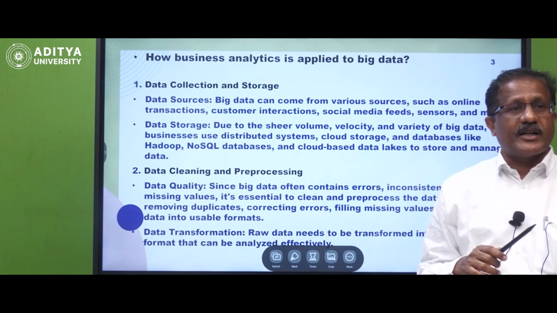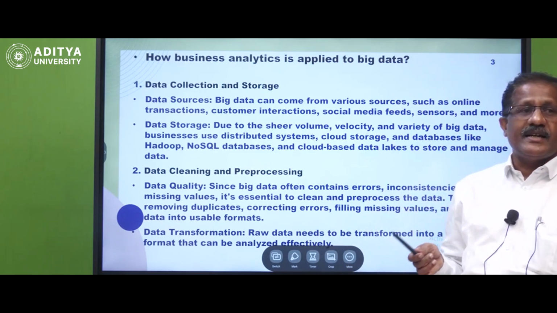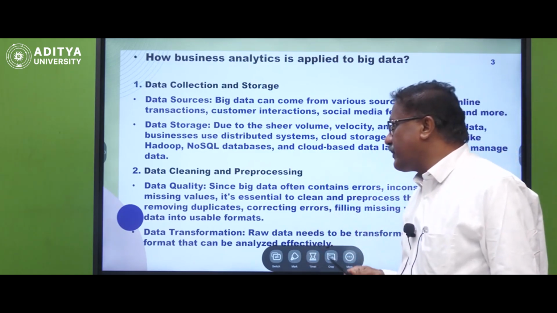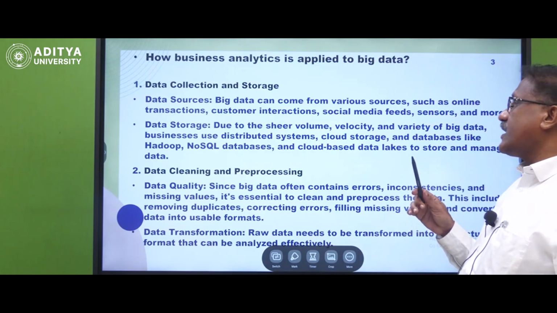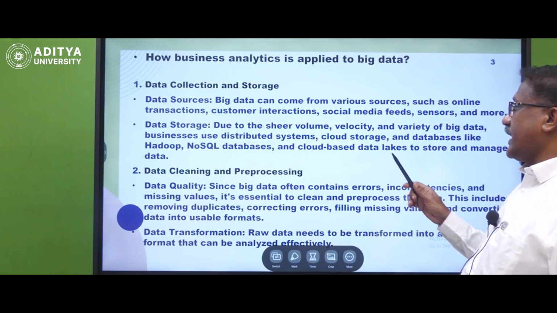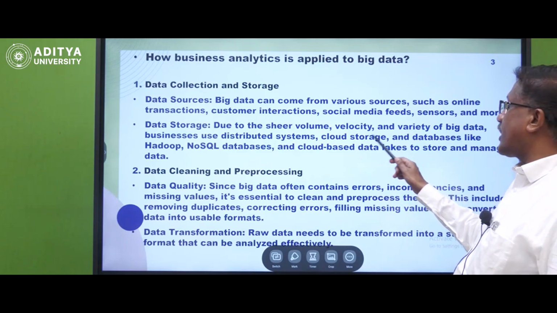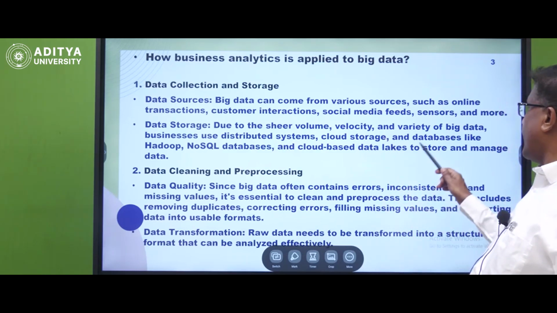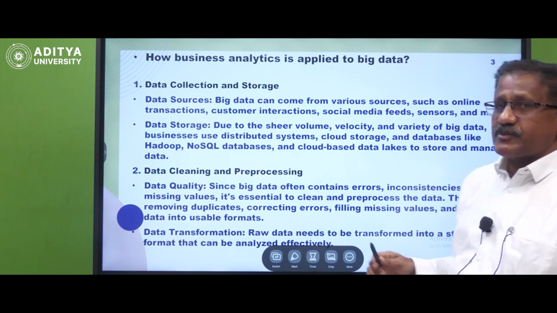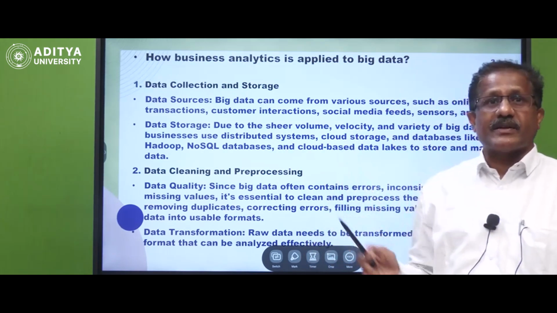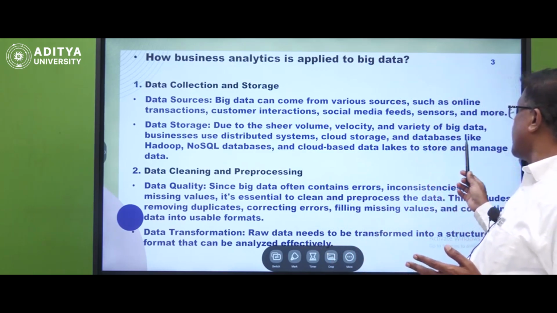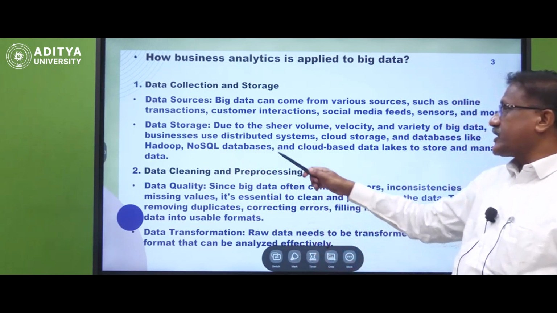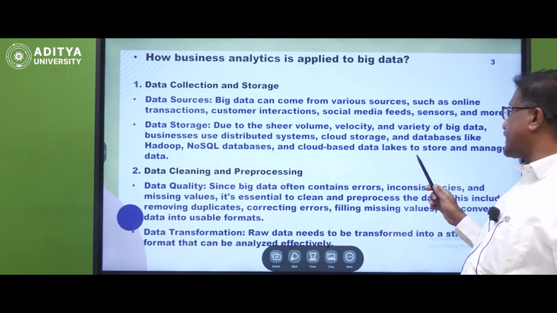The system is divided by functionality across different locations, and all the distributed systems are connected together through a client-server mechanism. Another option is the cloud environment, cloud storage and databases, huge-capacity servers that can store huge amounts of data, like Hadoop, NoSQL and cloud-based data lakes.